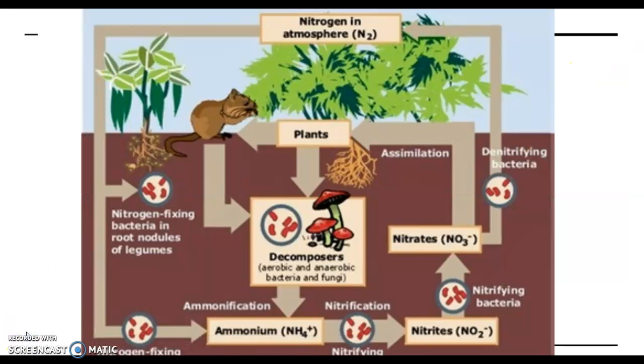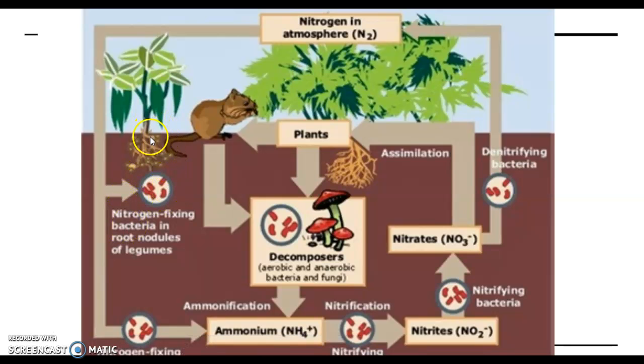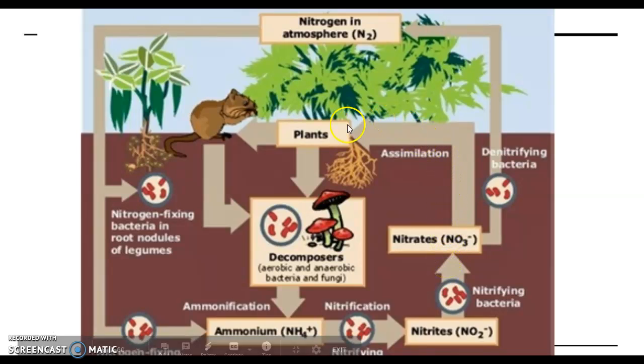So this is what the nitrogen cycle looks like. We have nitrogen in the atmosphere, nitrogen fixing bacteria in the roots of legumes and in the soil. They will convert that nitrogen into molecules like ammonium and nitrites and nitrates. Just nitrogen containing molecules. And these molecules get absorbed by the plant.